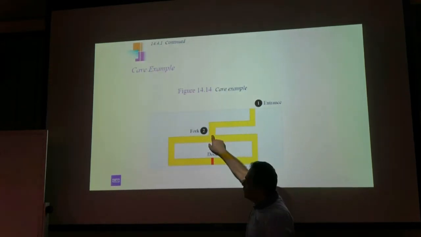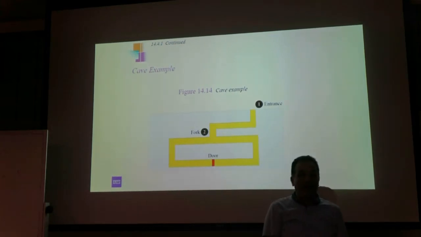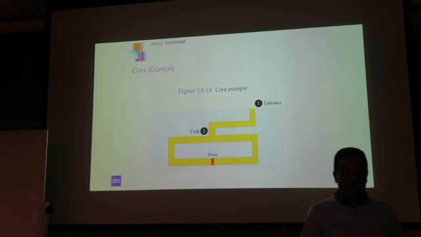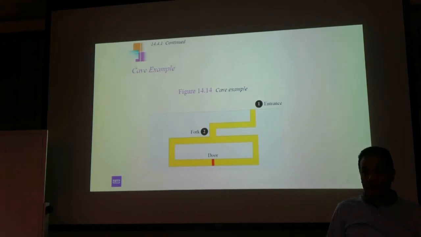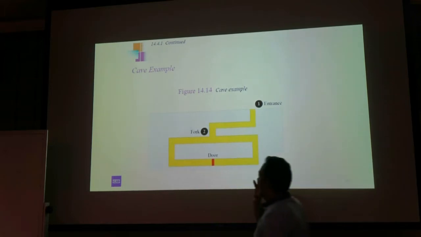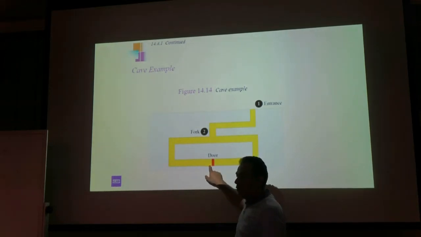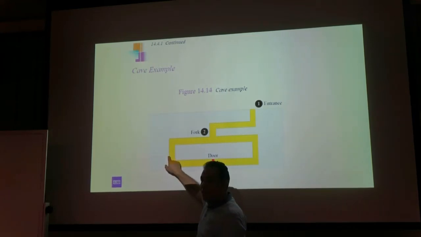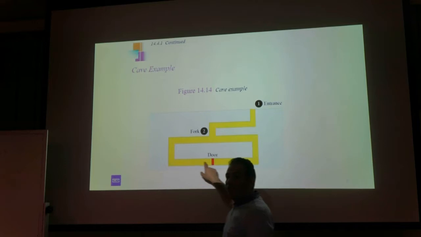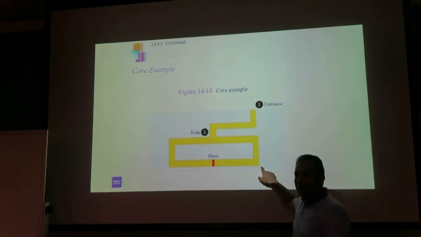Bob comes to the fork and now needs to verify that Alice has the password. Then he calls, Alice, come from left. Can Alice go from left? Yes, because she has the password. Okay, Alice, come from right. Can she go from right?